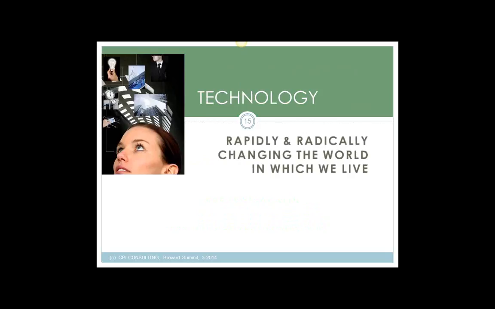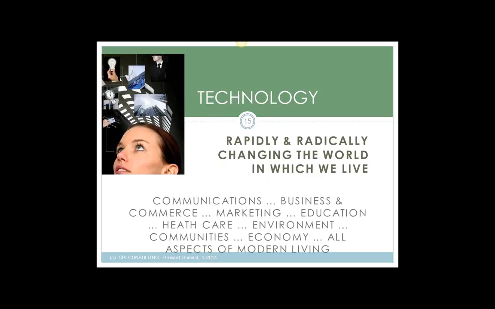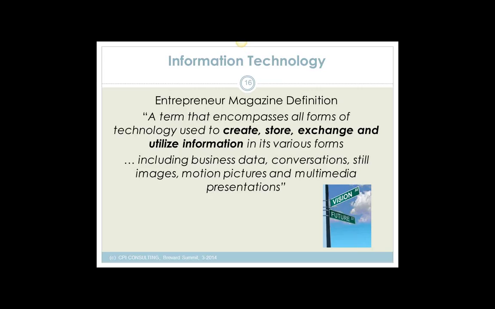So speaking of technology, that really is the theme for our event, and rapidly and radically changing the world in which we live is what we're seeing from technology in communications, business and commerce, marketing, education, healthcare, environment, at the community level, the economy, and all aspects of modern living.